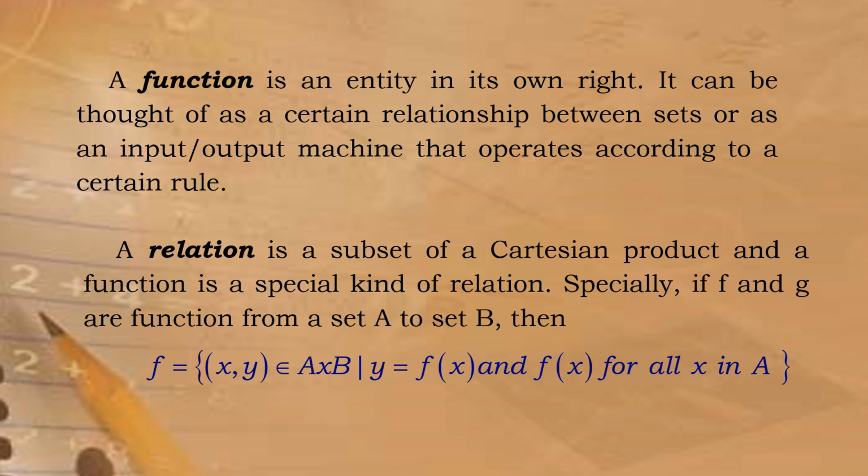Specifically, if f is a function from set A to set B, then symbolically, f is the set of ordered pairs (x, y) in A cross B such that y equals f of x, for all x in A.